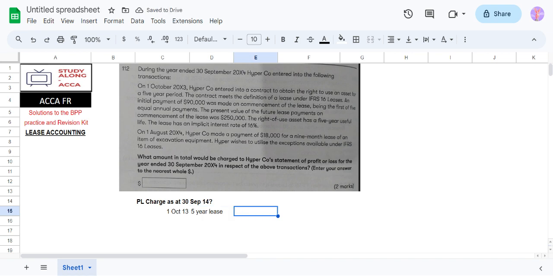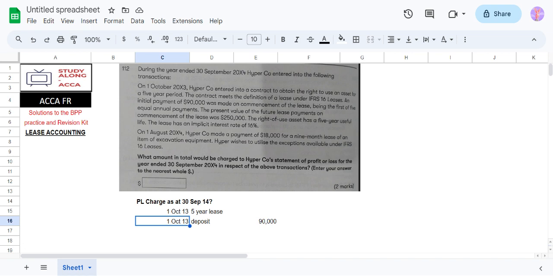The contract meets the definition of a lease under IFRS 16 Leases. An initial payment of 90,000 was made on commencement of the lease, being the first of 5 equal annual installments. So this is the first installment that was paid on the very first day, and there will be another four. So in total we have 5 installments.